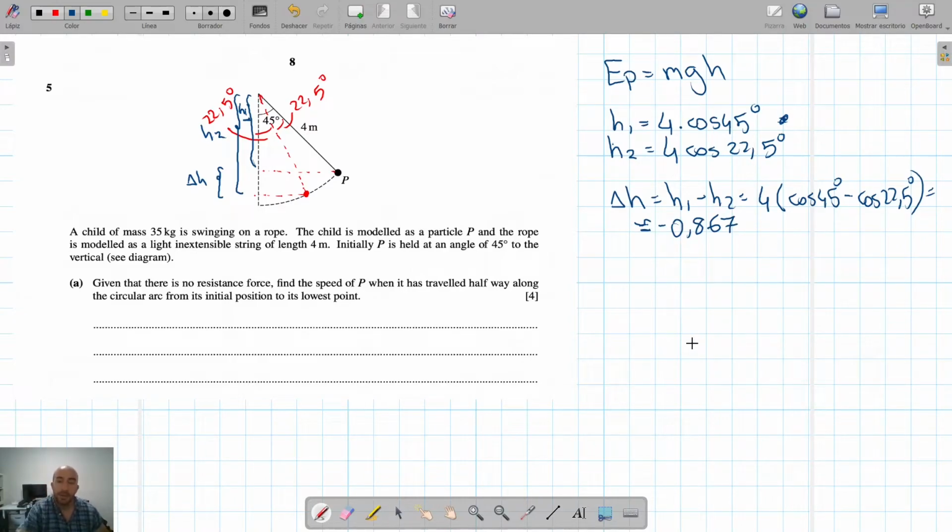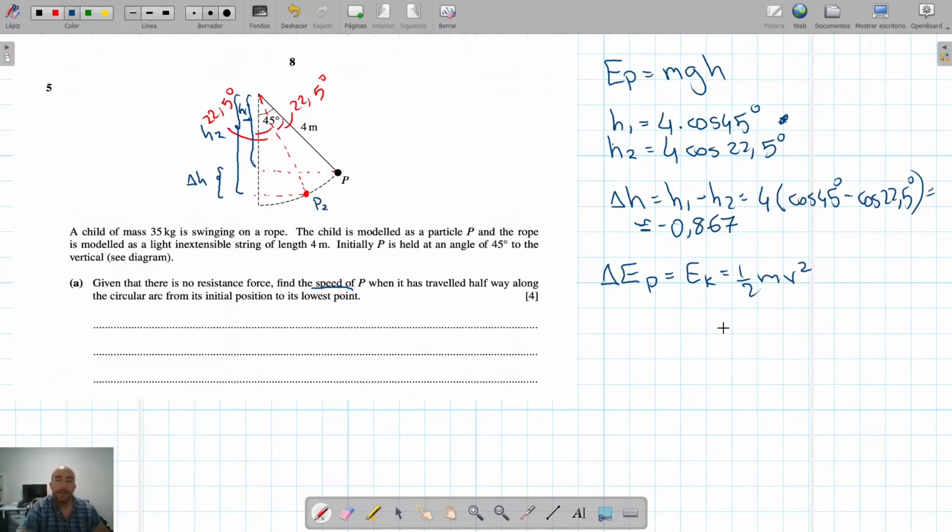Okay, so the change of potential energy has to be converted when it's moving into kinetic energy, which is half mv squared, and that v is the one that they're asking for. So they ask to find the speed of P when it's at position, let's call it P2.